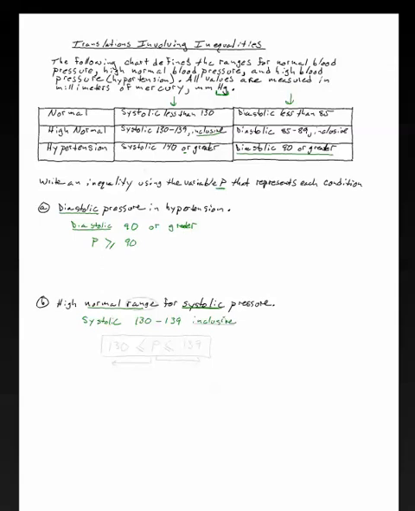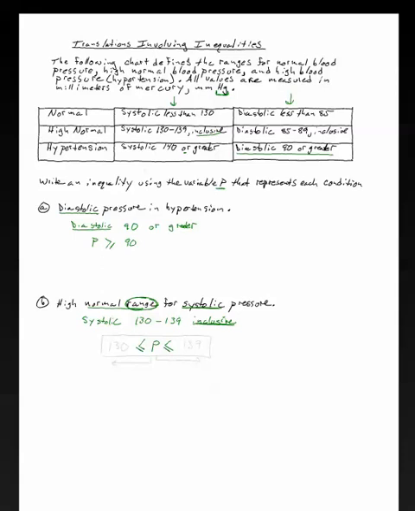Anytime they tell us that we have a range of values, that means that our variable, in this case P, is going to go in the middle. And anytime they tell us it's inclusive, that means that we're using an inclusive inequality, which is less than or equal and greater than or equal. So P is going to be greater than or equal to something, and less than or equal to something else.